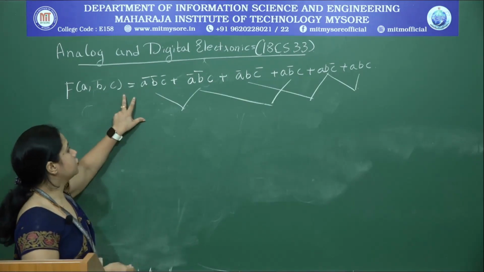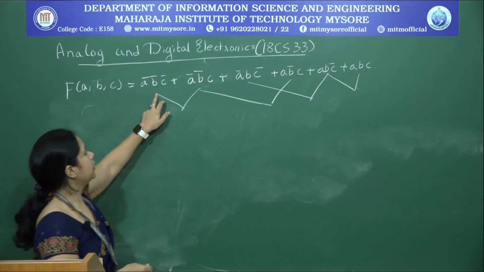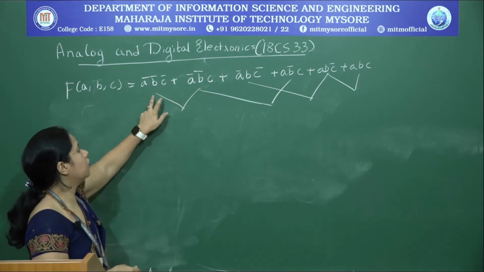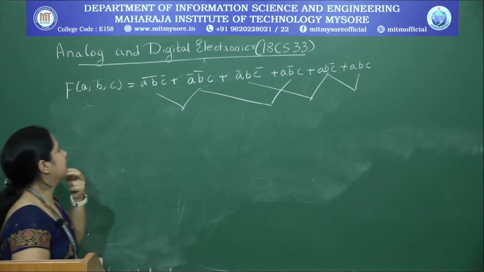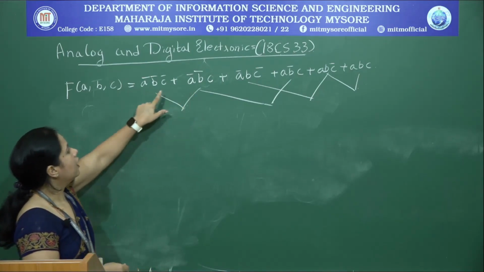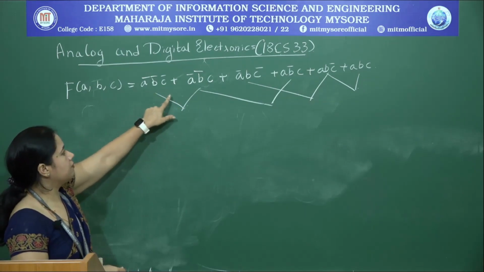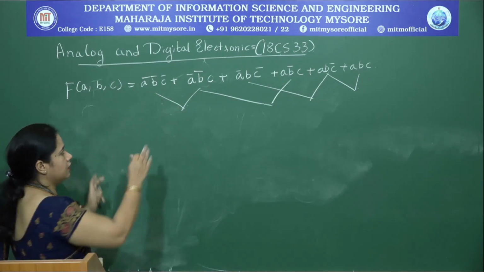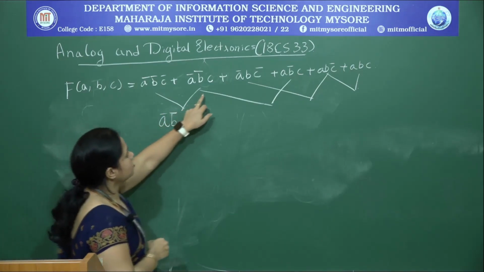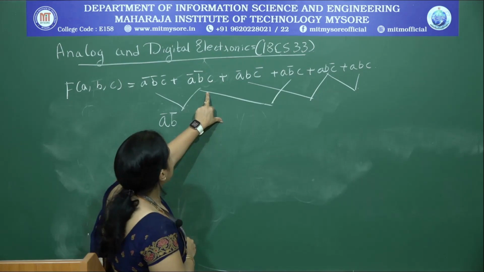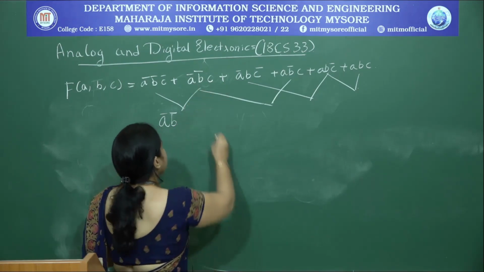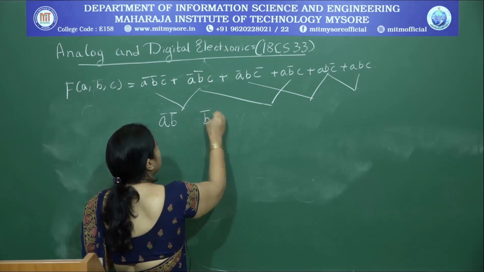So, here I am using one of the possibilities wherein I am trying to apply the uniting theorem on the following pairs. If you can see here, A bar B bar C and A bar B bar C bar, we have A bar B bar common and C gets eliminated, resulting in A bar B bar. And coming to this combination, we have B bar C common, A is eliminated.